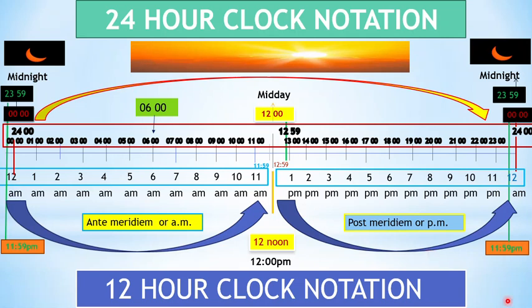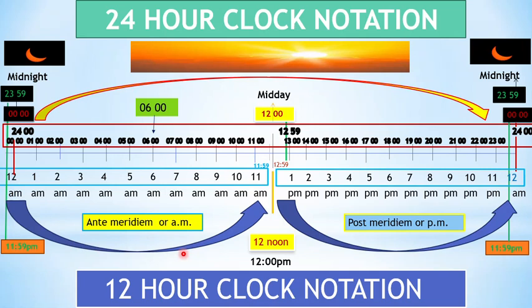As you can see in the slide, the first half of the day starts from 12 midnight, or we can represent it as 12 AM, and it ends at 11:59 AM, where AM stands for anti-meridian.